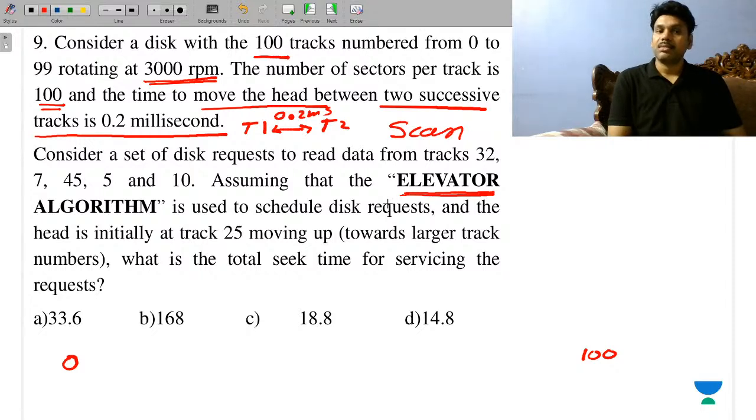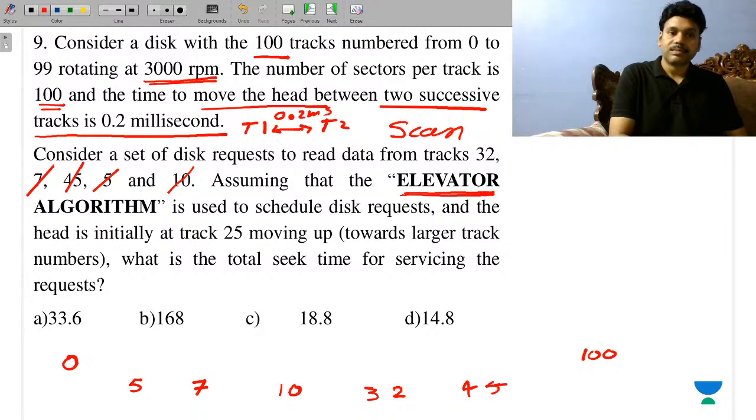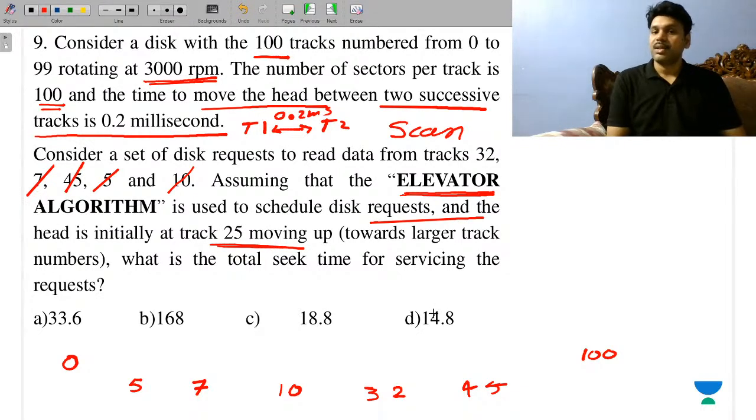So there are 5 requests that have come. The requests are: first one 5, write them in ascending order, then 7, the next one is 10, the next one is 32, the next one is 45. Now he is saying that the head is initially at 25 and it is moving towards the larger track.